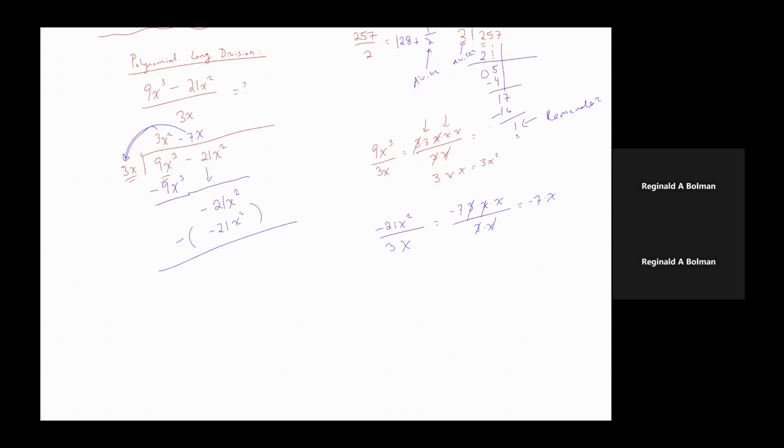This is the tricky part, so put a star on this. Sometimes it's best to drop to the next line and do the calculation there if we can't remember. But subtraction of a negative is the same thing as addition. So now you will just add negative 21x squared with positive 21x squared. That gives you 0x squared, or 0 as your remainder.